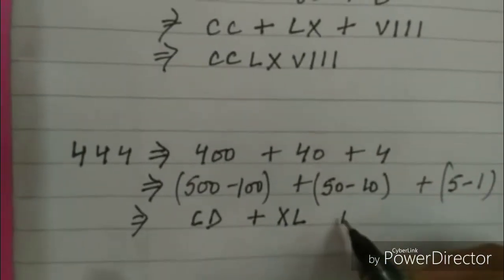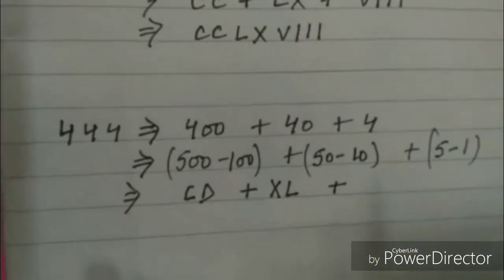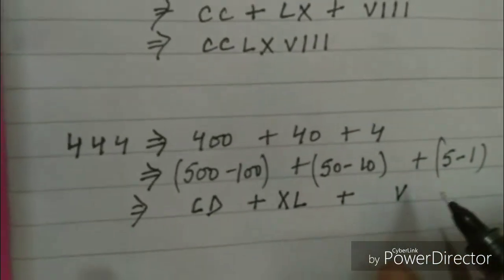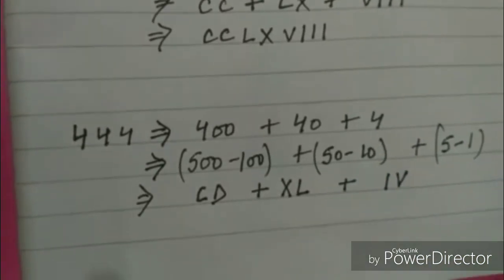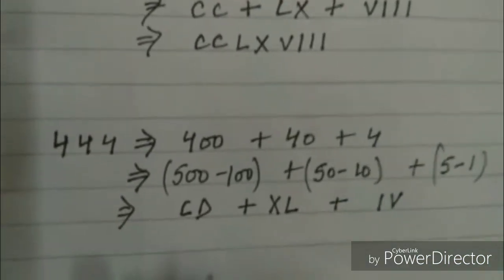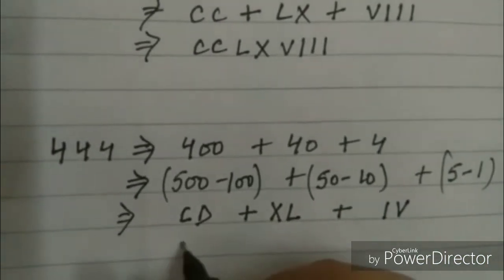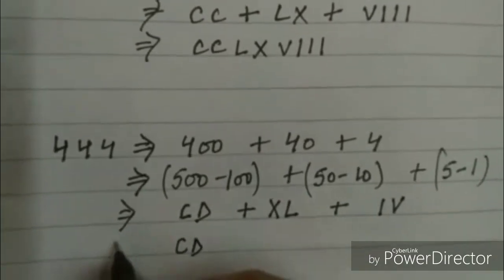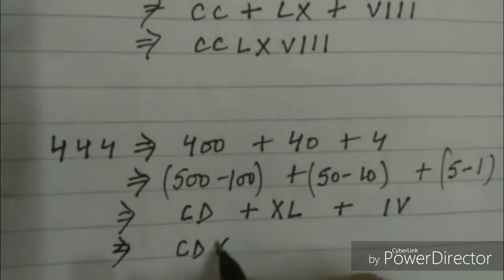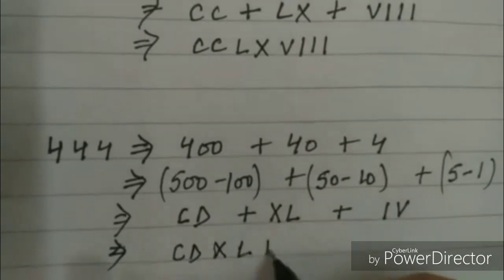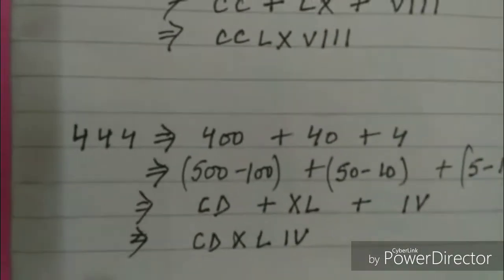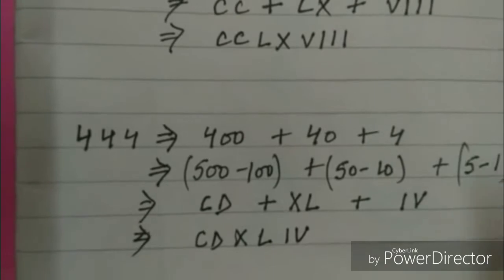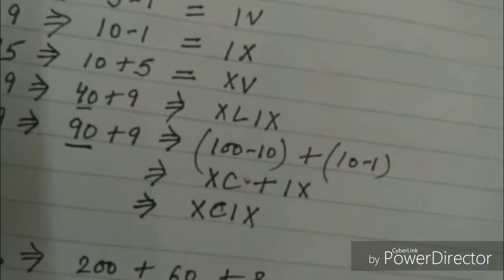Then plus, it is 5 minus 1. 5 is V, minus 1 means I will come to the left side. So this all is our number, that is CD XL IV. So these all were the examples.